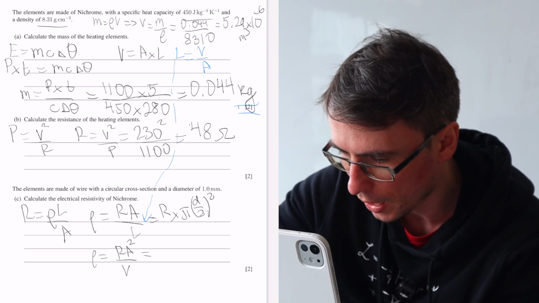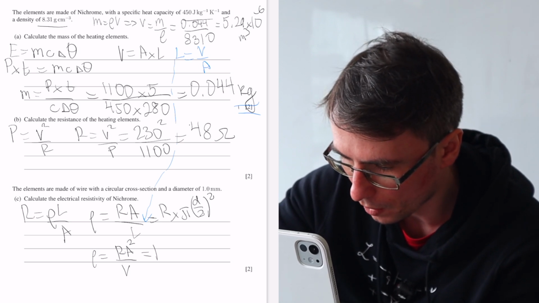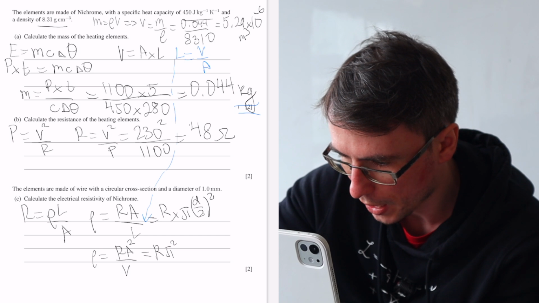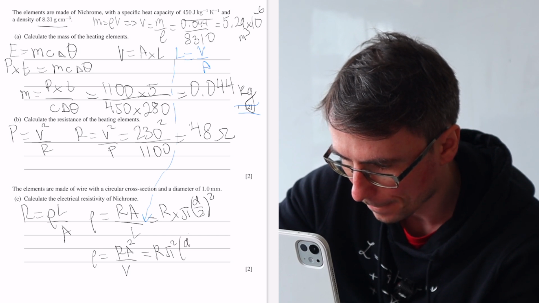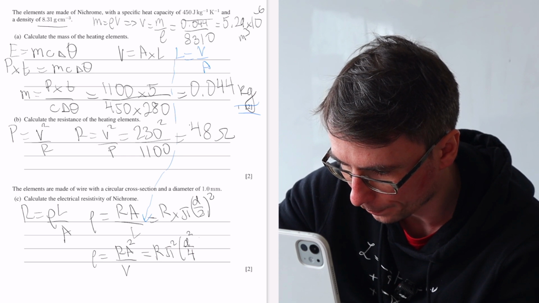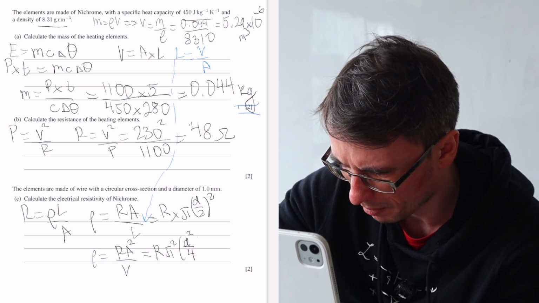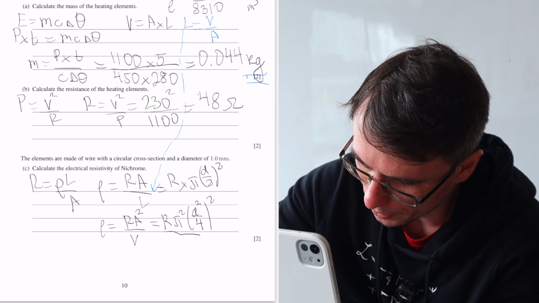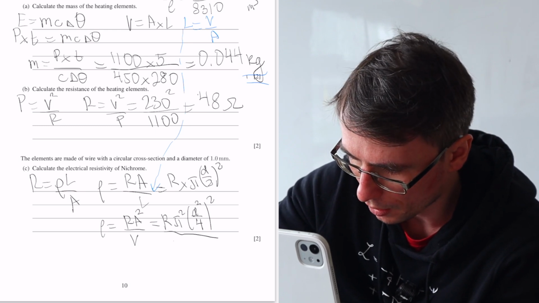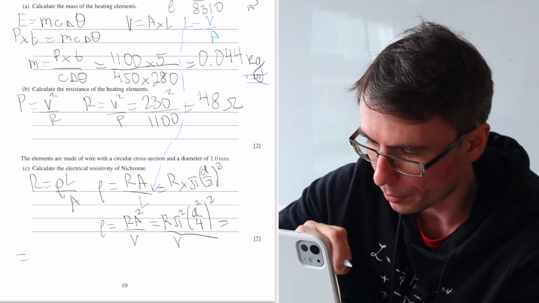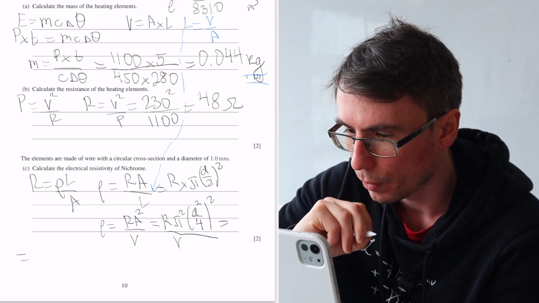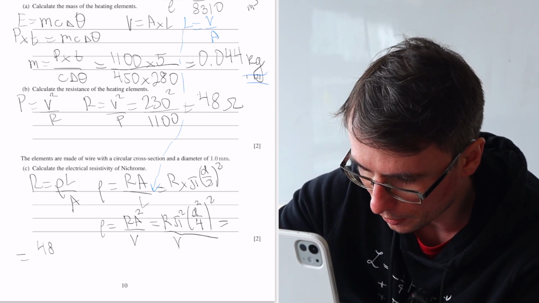So what we're actually going to get is R pi squared D squared over 4, squared, divided by the volume. Let's plug in some numbers. So R was 48.